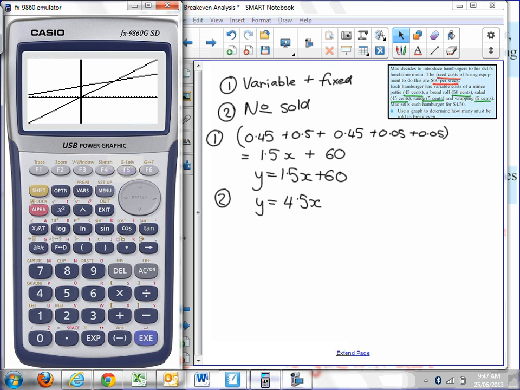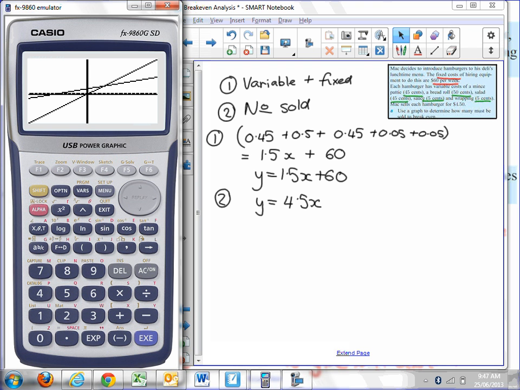You still might not be able to see where they cross over. If you can't see where they cross over, you won't be able to work out the answer. So you just keep zooming out. Press execute, and that will zoom out until you can see where the lines cross. You have to be able to see where they cross.